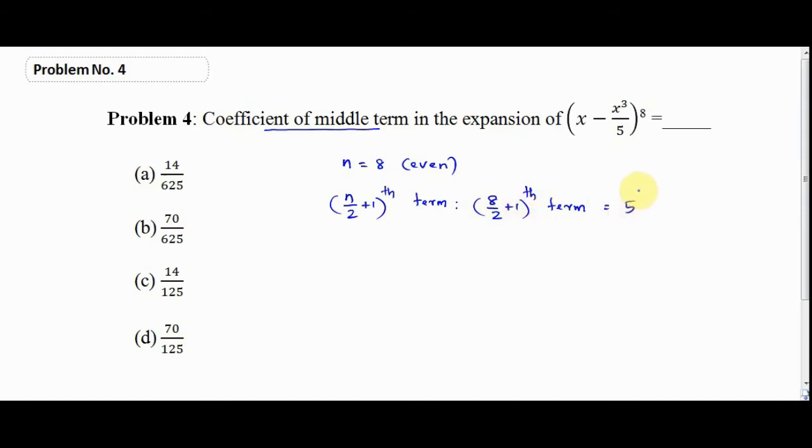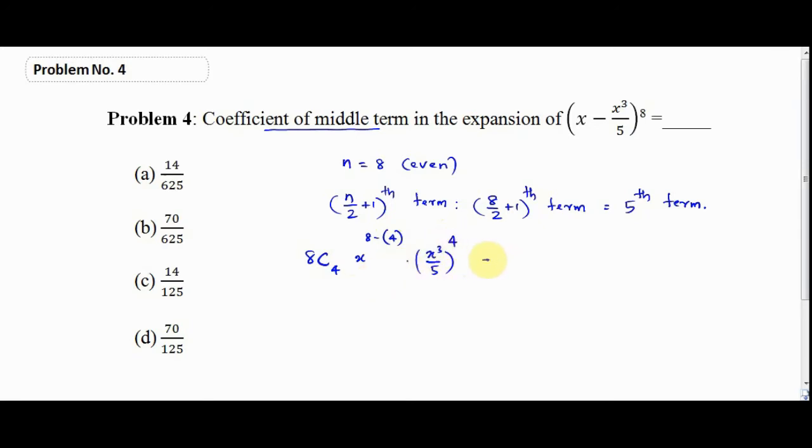So it is the 5th term which comes as the middle term in this expansion. The 5th term will be 8C4 into x^(8−4) into (x³/5)^4.